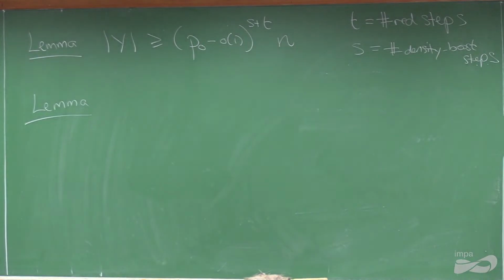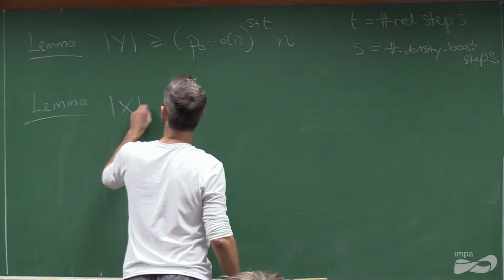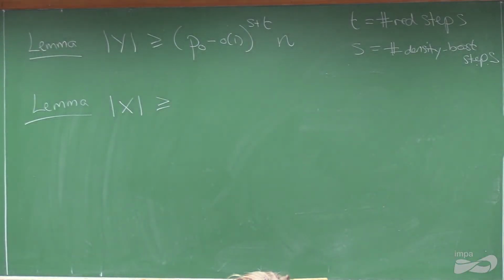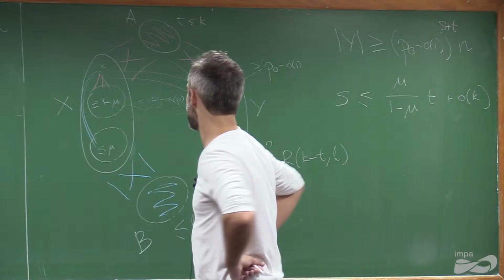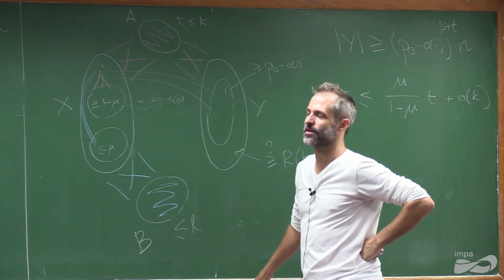Okay. We also want a bound on X. So what is going to be our bound on X? When does X decrease? Tell me ways in which X decreases.